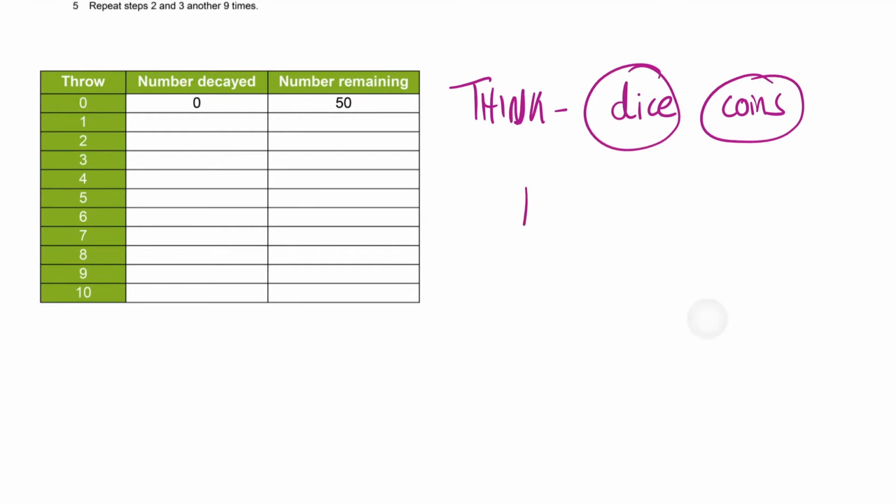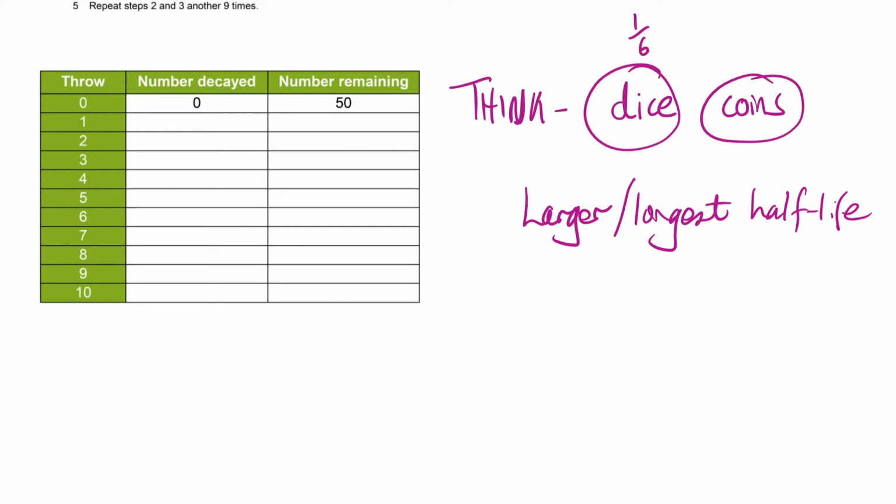Which has the larger, or longest, perhaps a better word because we're usually dealing with time, the longest half-life? And just as a reminder, dice have a probability of a sixth and coins have a probability of half.